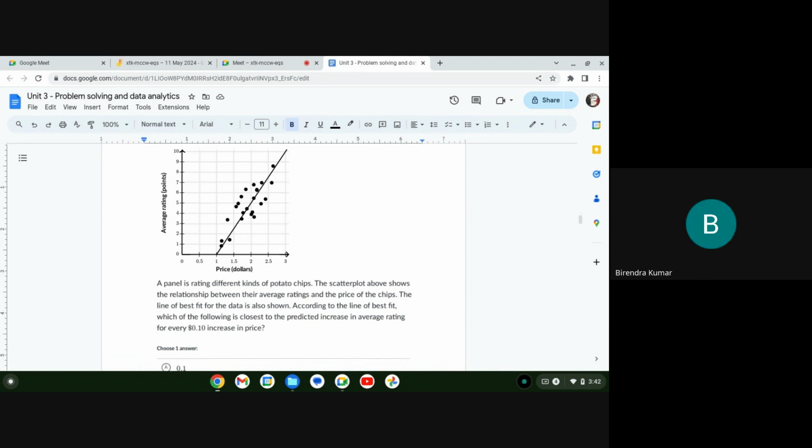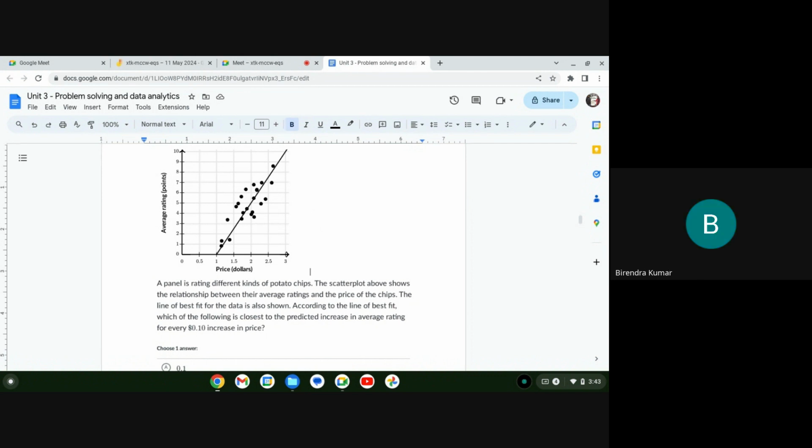So for an increase of 1.2 to 2.7, so 1.5 basically, right? For an increase of price by 1.5, my rating increased by 7.7. So 1.5, or 150 cents, led to the increase of 7.7.